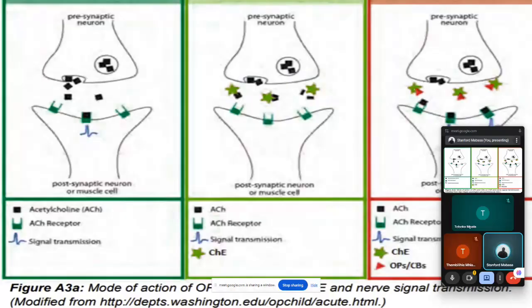On the far right, in fact, in the middle, you can see the combination of the enzyme CHE combining with the ACH.